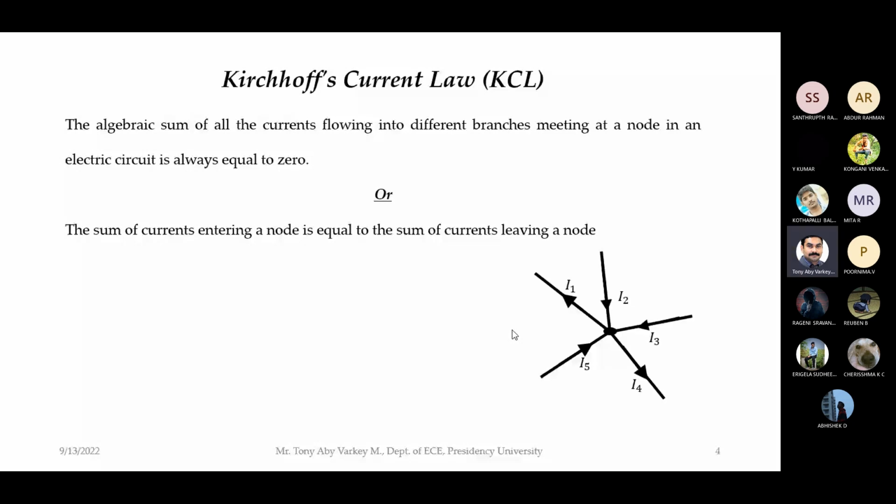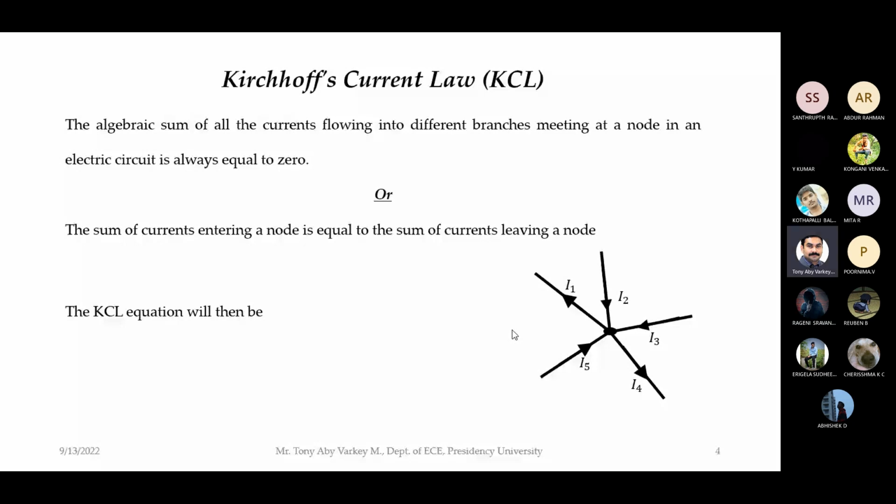For example, this one. Can you quickly tell me what is the KCL equation of this? Identify which are the currents entering, add them. Identify which are the currents leaving, add them, and then equate both. I1 plus I4 equal to I2 plus I3 plus I5. Correct.